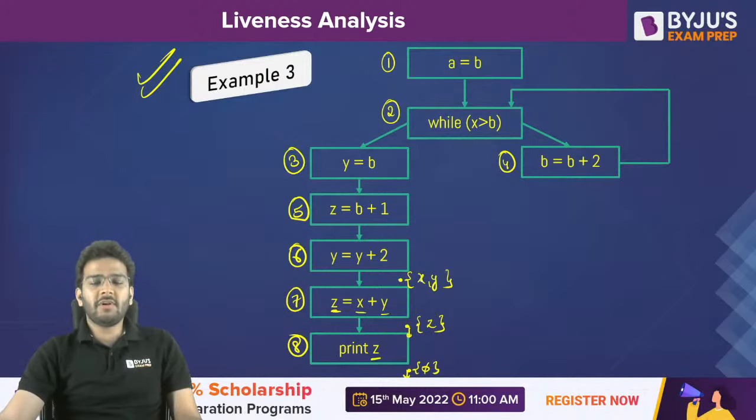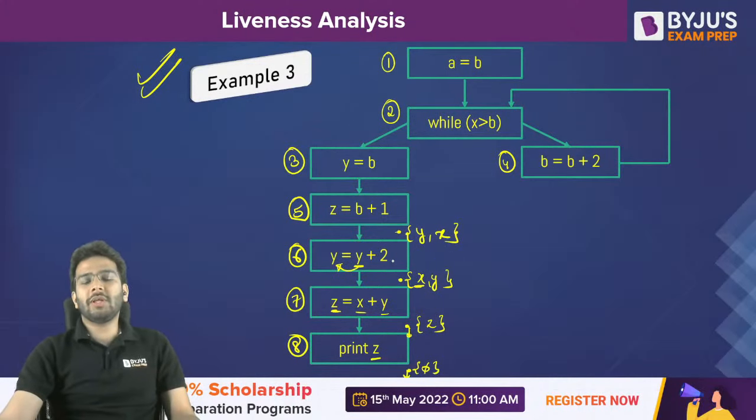So X comma Y will be your live variable here. What about this one, the inset of the sixth one? Here we are first reading the value of Y, then only we are performing write. So Y will be there and X we are getting from downwards. So X will also be there as the live variable at this point in the program. Clear?